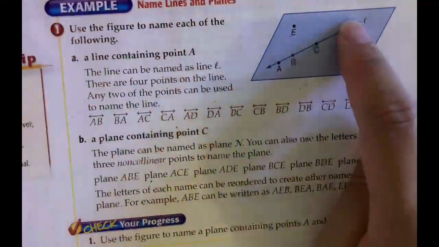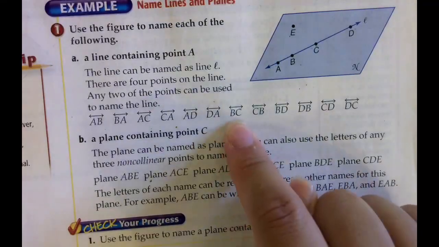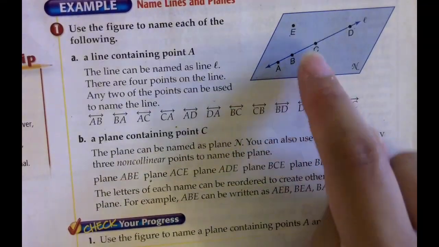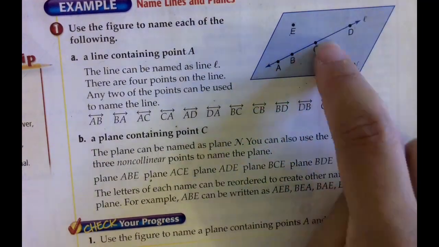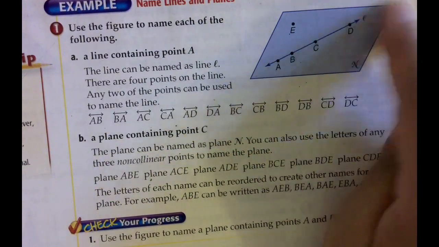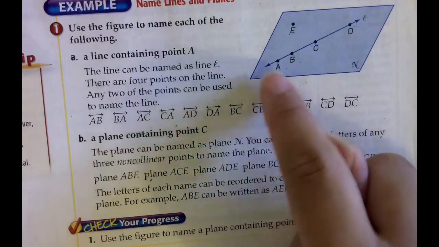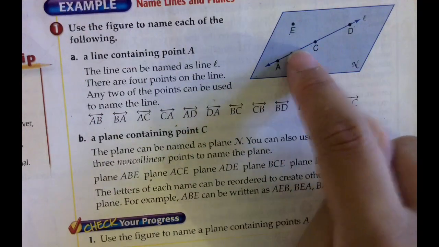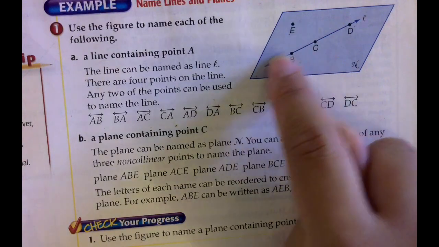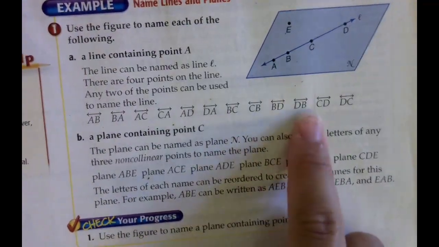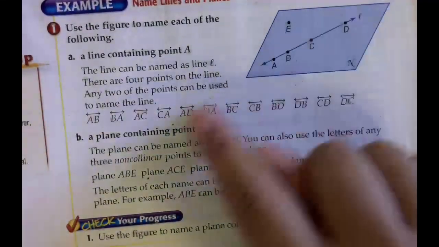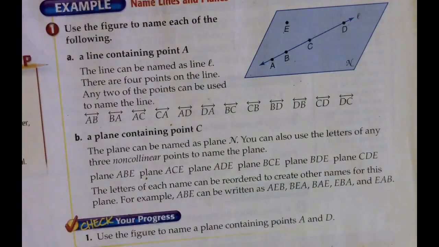Note they even wrote line BC. Even though A wasn't in the name, lines go on forever, so line BC will contain A eventually. And so you see CB, BD, DB. These are all other possible names for this exact same line.